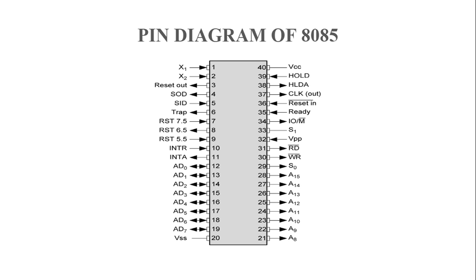In such case the microprocessor goes into the wait state. In that case the microprocessor will go into the wait state, it will wait for some time, and when 1 comes on the ready pin, then the data is transferred between the MUP and the peripheral.